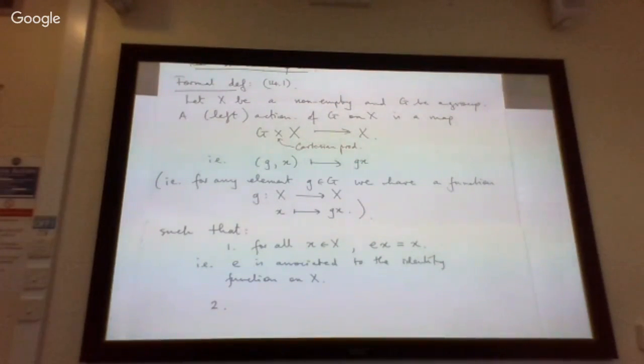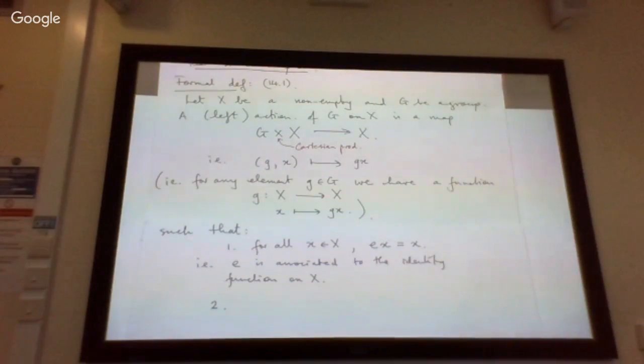And it looks sensible, it looks nice. G1 G2 applied to x is G1 applied to G2 applied to x. So that's the main second part of the definition of group action.